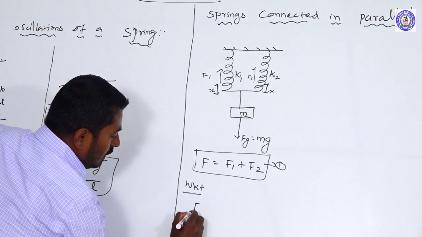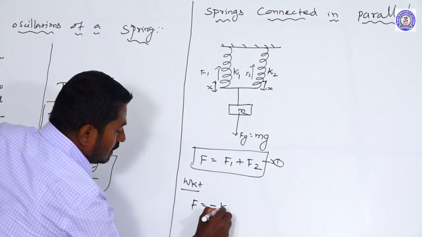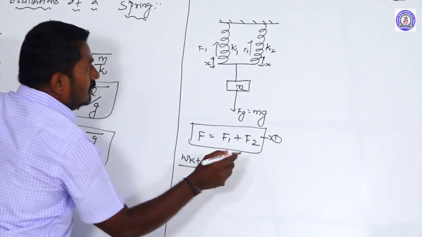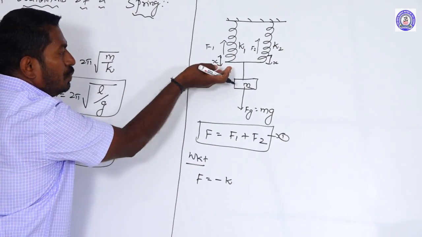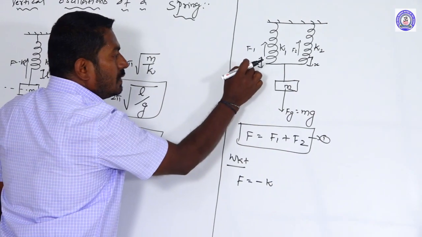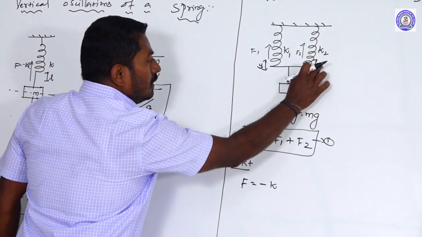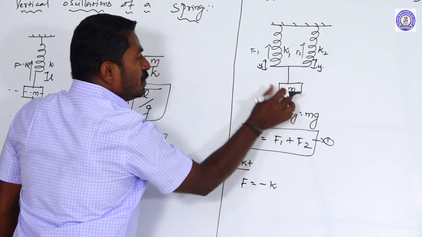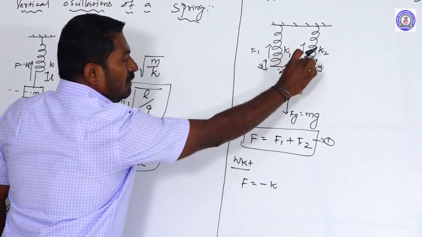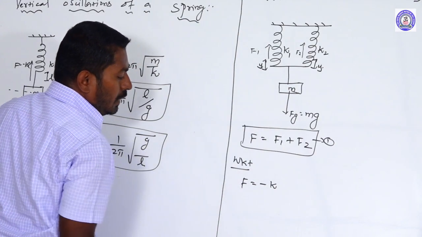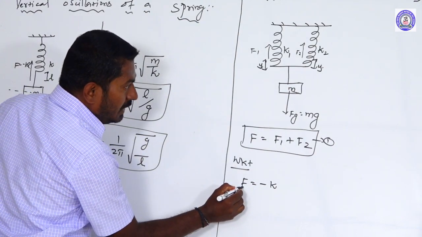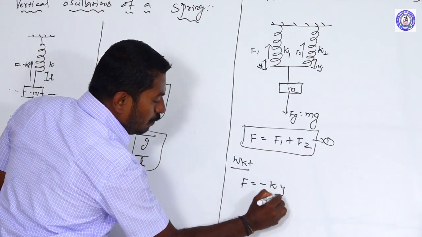Then F is equal to minus K times the extension, which here is along the y-axis, so the extension is y. Both springs are extended through the same displacement along the vertical direction y, so the common expression for the restoring force is F equal to minus Ky.